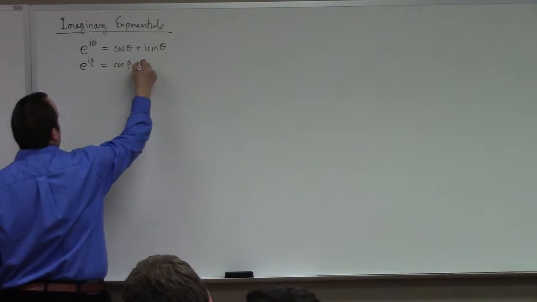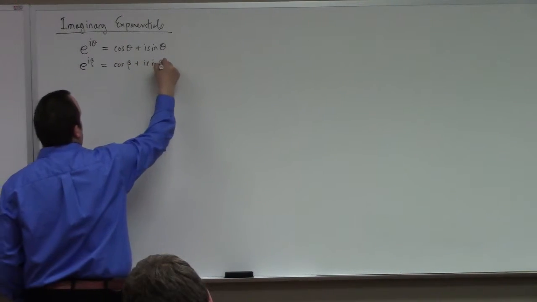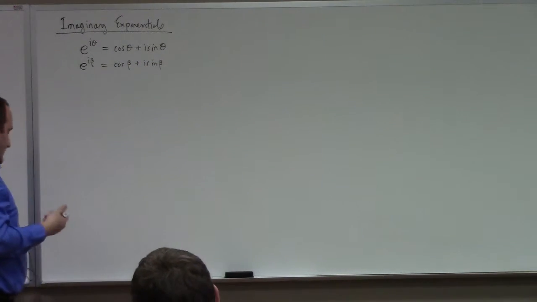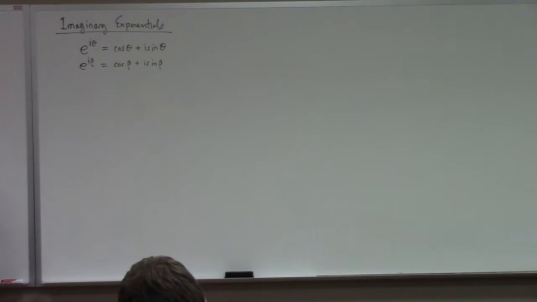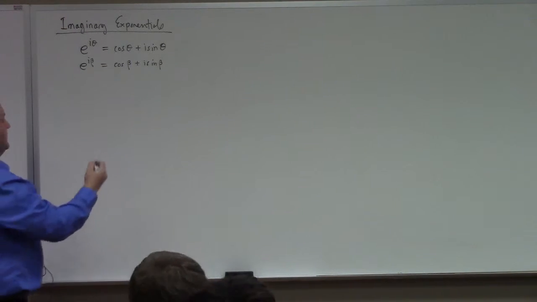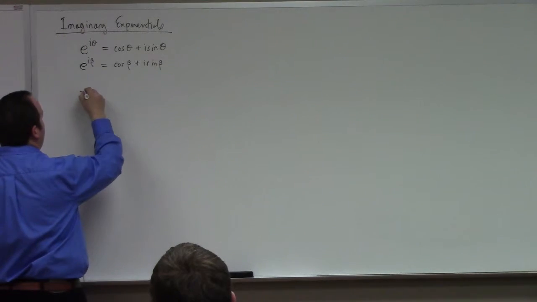Cosine beta plus i sine beta, right? So these are things we should just, I mean, at this point in your life, you can just memorize these and accept them as fact. I can show you why they're reasonable definitions in complex numbers, or you can derive them from other things, but that's not for here. For here, they're a super useful way of memorizing or remembering trig identities.